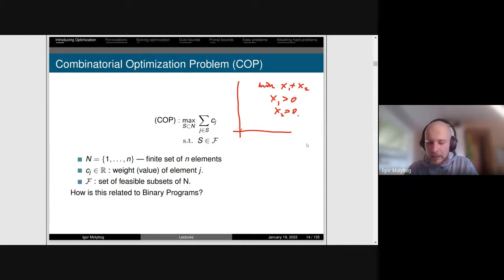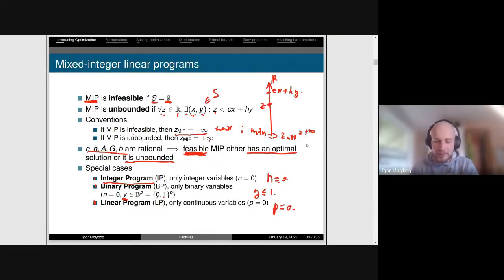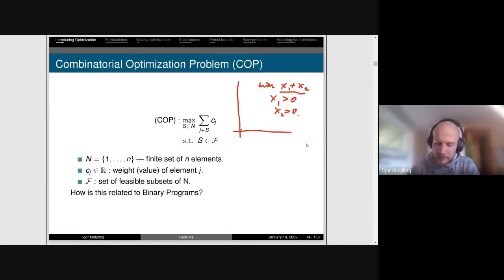So even though the problem is clearly bounded, the minimum cannot be less than 0, there's no particular point that would be the optimal point, and this is exactly what is happening to the mixed integer linear programs if you allow the data to be irrational. If the data is irrational, basically what is happening is, this is about geometry.